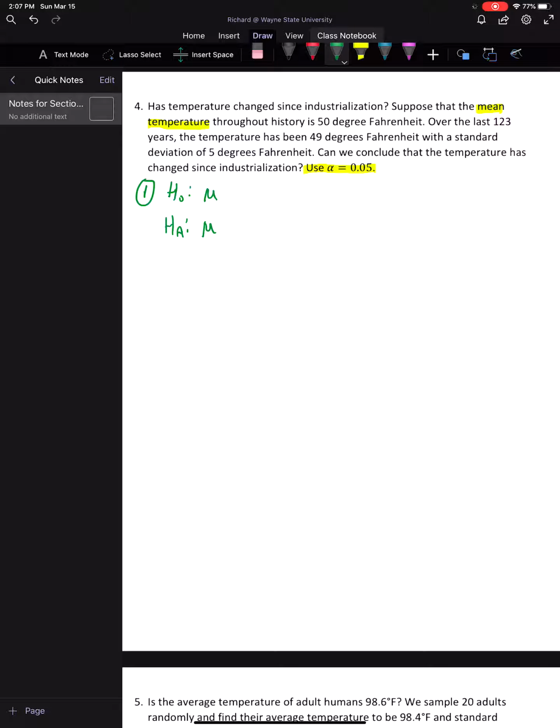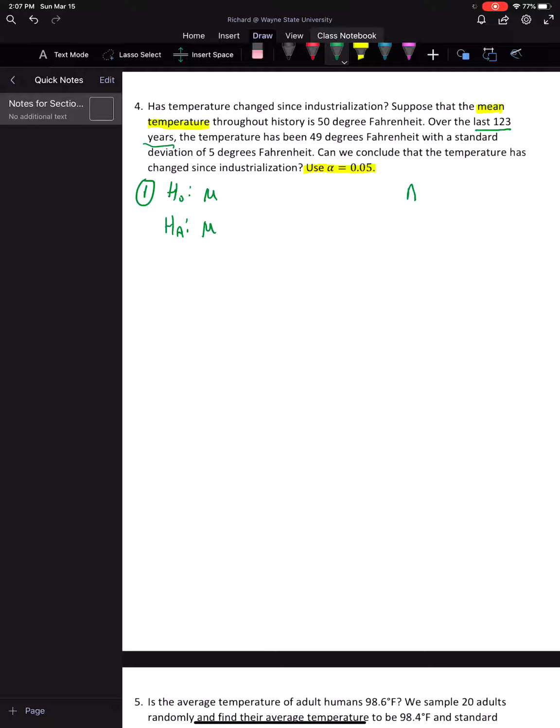So now the question is, what temperature are we dealing with as to be considered the parameter, right? And so it says, suppose that the mean temperature through history is 50 degrees Fahrenheit. Then it says over the last 123 years, the temperature has been 49 degrees. So a couple of things to notice here. If it says over the last 123 years, guys, that's a sample, right?